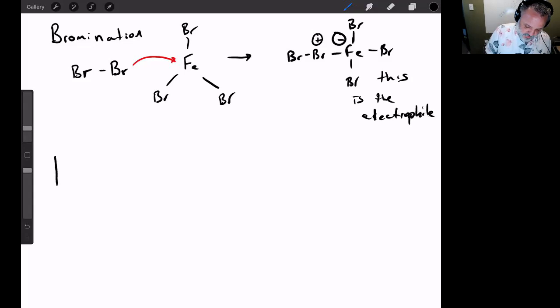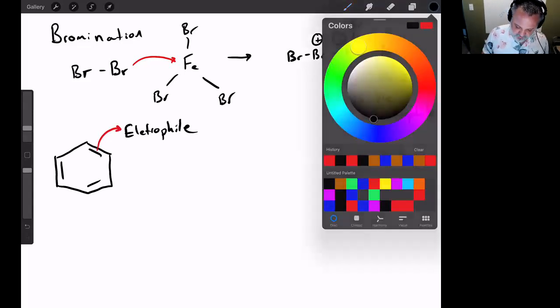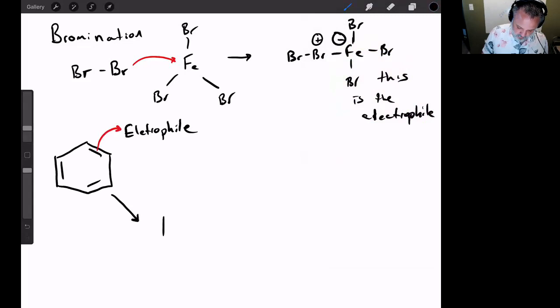And if we think about it, the basic reaction involves benzene reacting with an electrophile and having the electrons in the benzene ring form a bond with the electrophile.